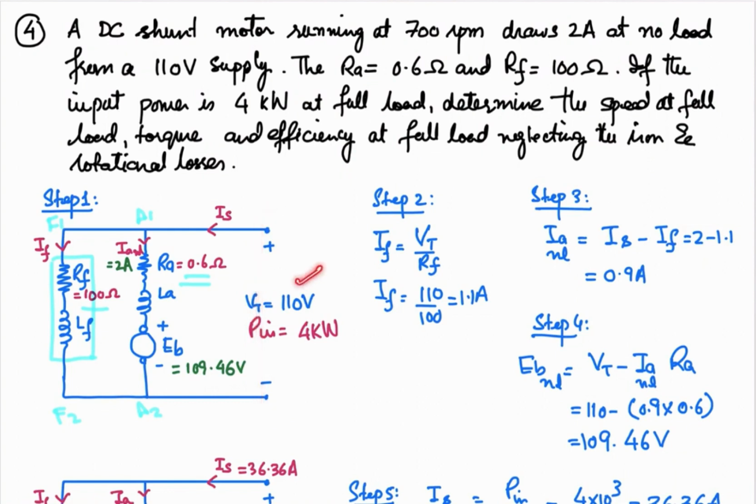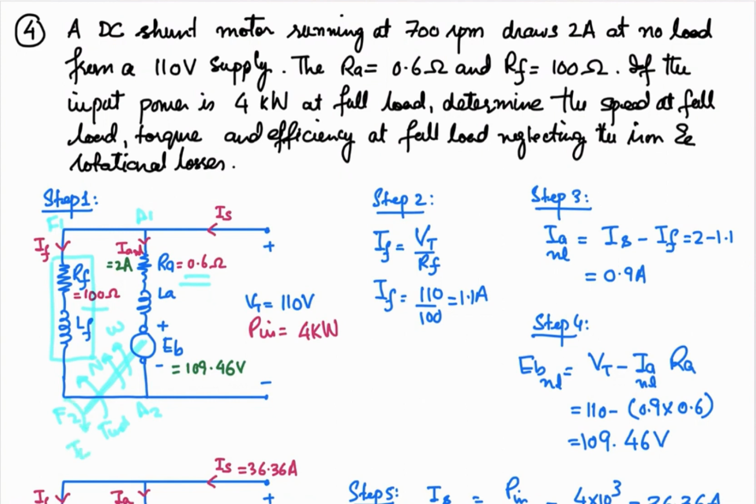The machine is running at 700 RPM. That can be shown here, that this machine is running with a certain speed omega in radian per second, and in terms of RPM we represent it with n. Induced torque is in this direction, and the load torque is in the opposite direction.